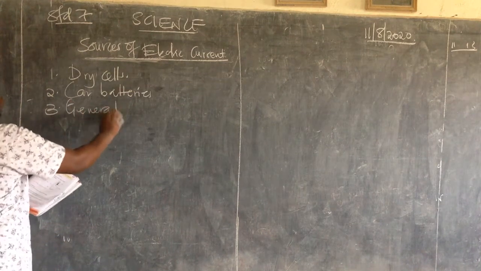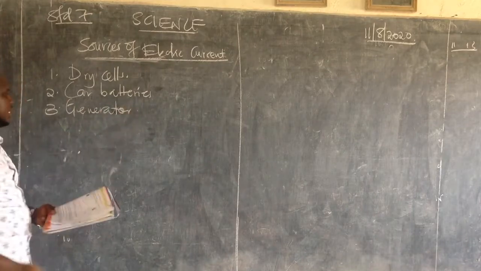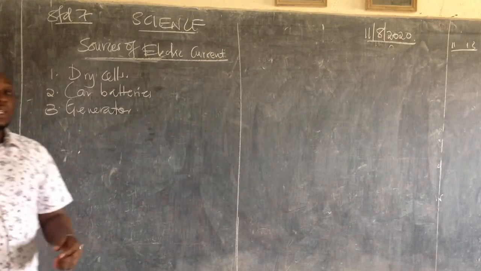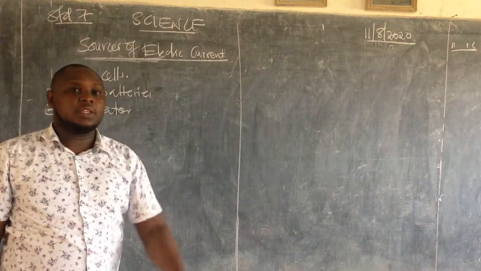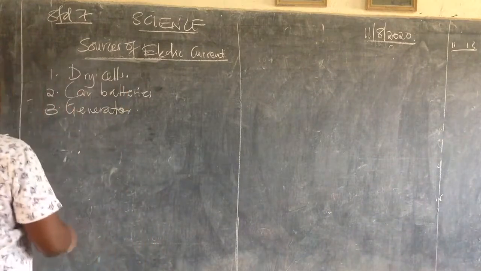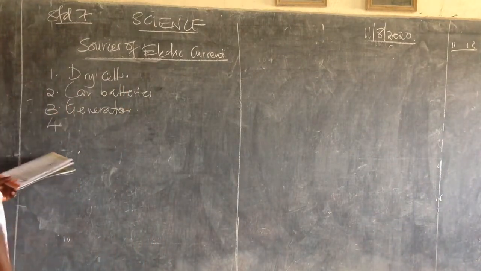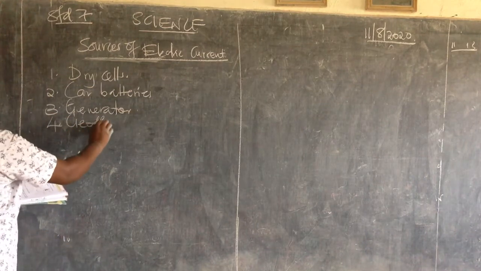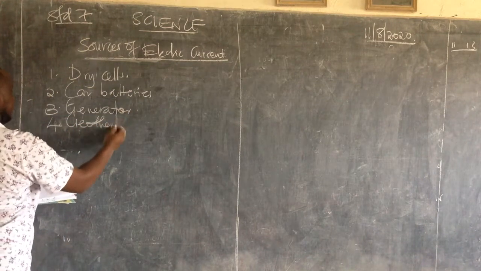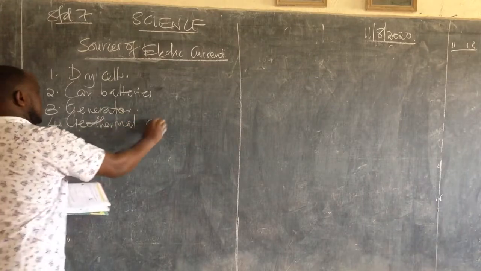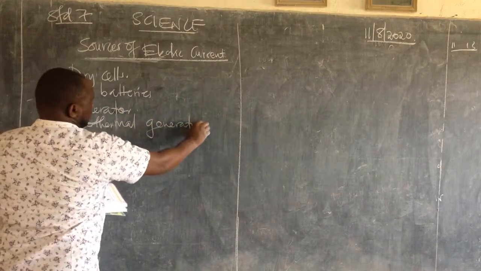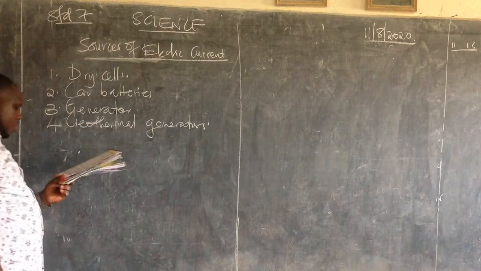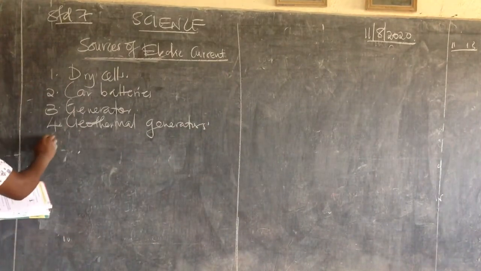Now generators, we're going to realize that we have two types of generators. We have hydroelectric generators and we have the wind-driven generators. Then of course we have geothermal generators. Then of course bicycle dynamo.